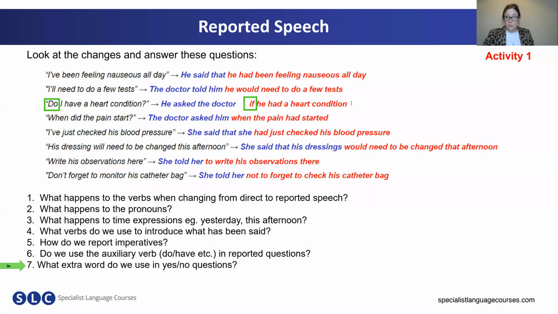So it would be the reporting phrase, he asked the doctor. Then it would be if, there's no question word. And then the subject. And then the verb and any complements. Okay, and notice no question marks.